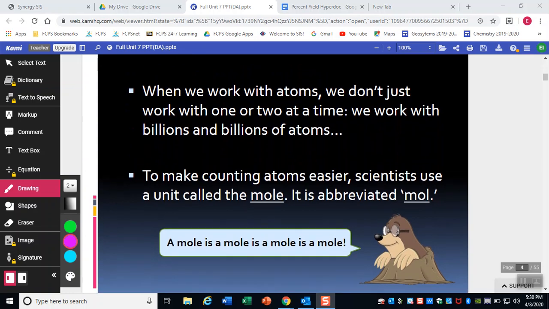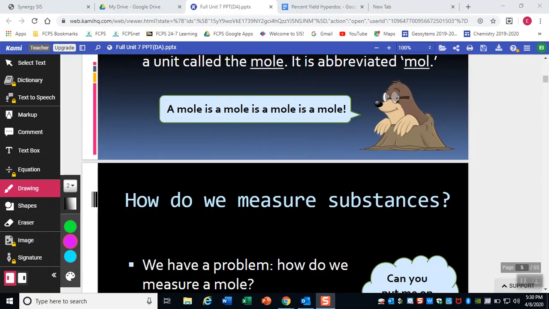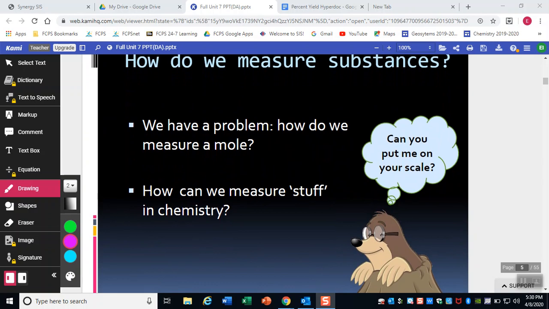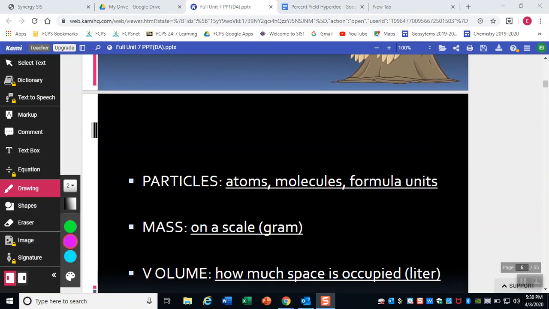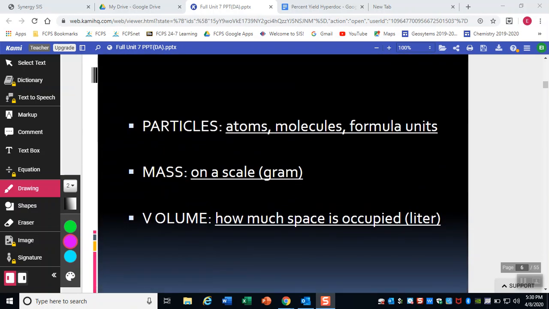All right, so we're talking about a mole, and the abbreviation is mol. It just makes counting atoms easier. We're measuring things, and so it's a unit, all right? And it tells us how many particles we have, as in atoms, molecules, or formula units.